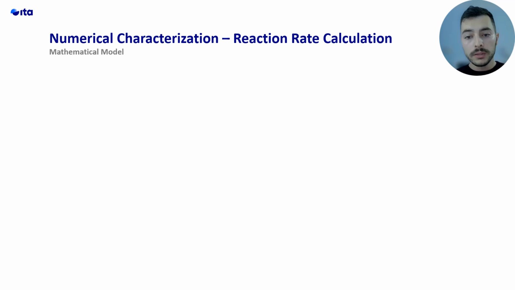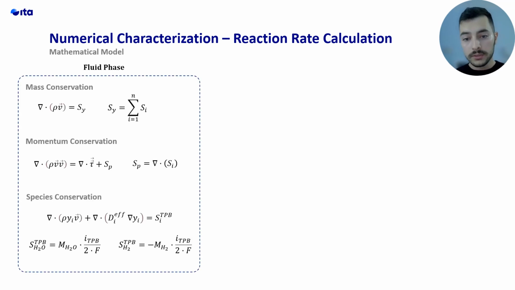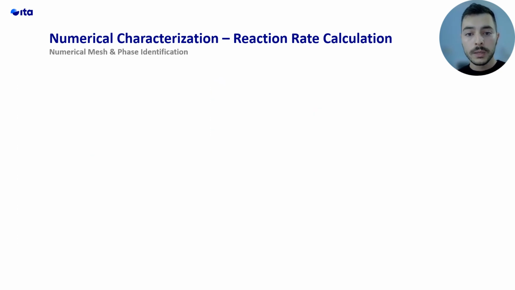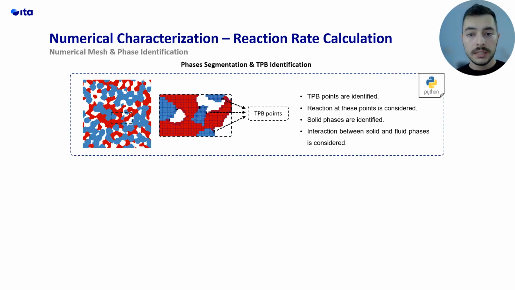Regarding the mathematical model, we have two different models. One for the fluid phase, where we are considering mass, momentum, and species conservation, and another one for the solid phase, where we are considering electrochemistry phenomena and ion and electron conservation. As you can see in this image in the upper part, when talking about the solid phase, we are able to identify two different phases, the nickel and the yttria phase.